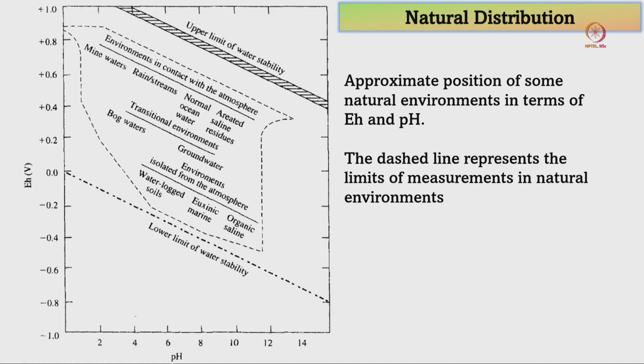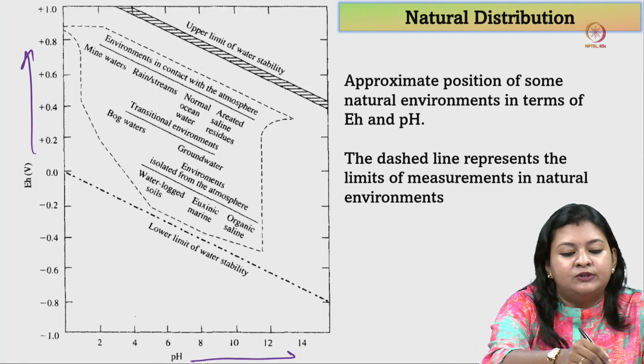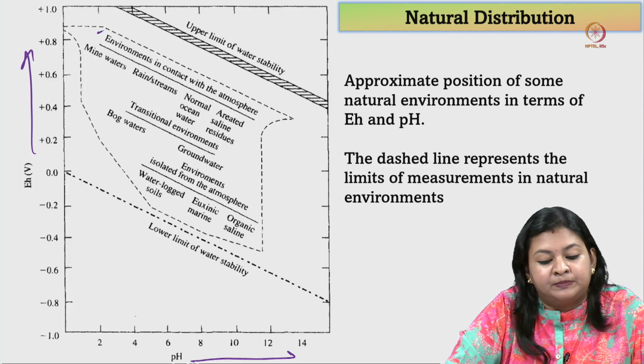Now, let us see the natural distribution. Generally, we are going to see these plots of pH and EH, with the pH axis increasing, and these are the EH values that we often see in different situations. For example, let us see the environments which are in contact with the atmosphere.